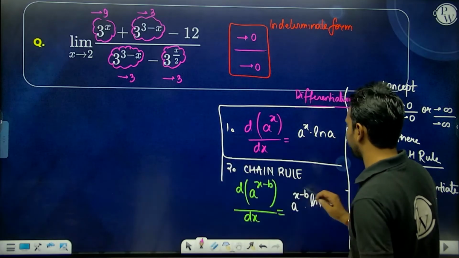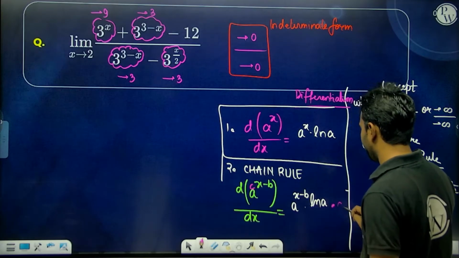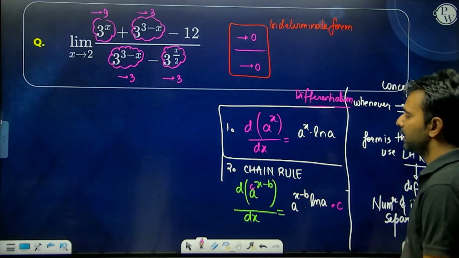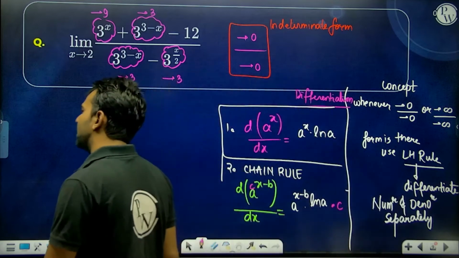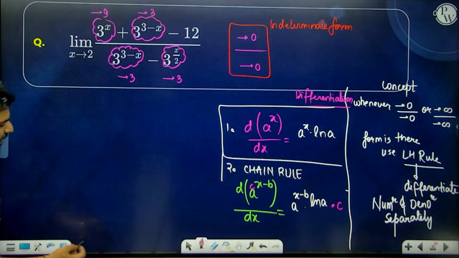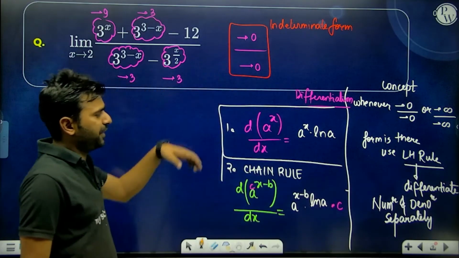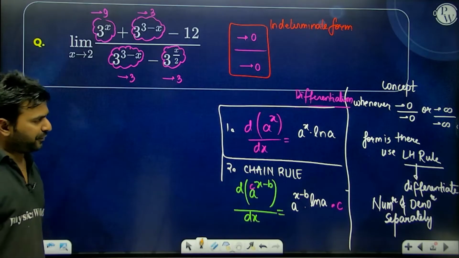If it is like cx minus b, then you multiply it with c as well. This is how you differentiate. You will learn differentiation in class 12, so don't worry about that. Now I think you can comfortably solve this question, because tending to 0 upon tending to 0 or tending to infinity upon tending to infinity form is there.